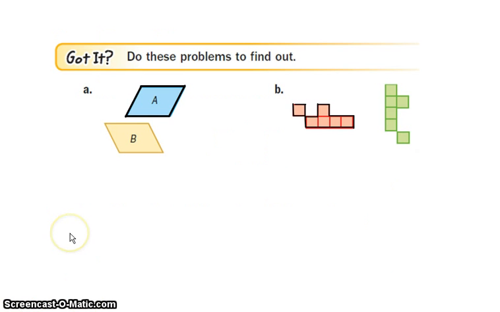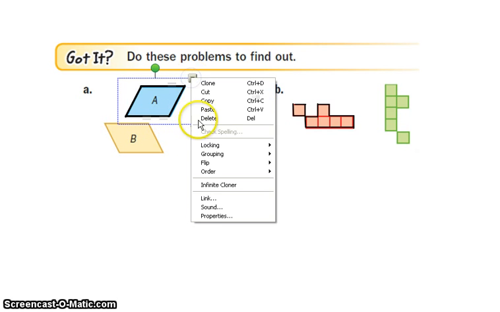Now, why don't you guys try the got it problems? In problem A, they want you to tell if quadrilateral A is congruent to quadrilateral B. Okay. Then in problem B, is this figure congruent to this figure? So pause the video right now. Find out if they're congruent, but you have to use transformations. Alright, if we take this figure right here, and let's do a reflection.